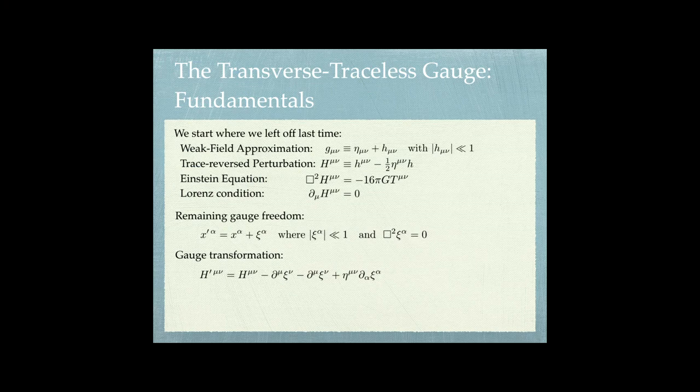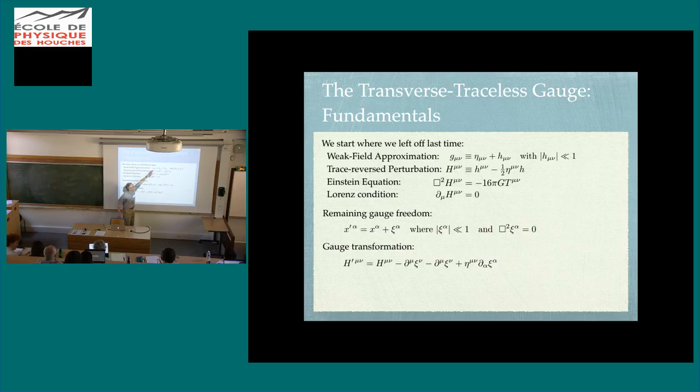So let's begin. We're going to pick up where we left off last time. We're going to take the weak field approximation, where we have a flat space metric and we perturb it just a little bit. We're going to define the trace-reversed perturbation, where we subtract off the trace from the diagonal terms.